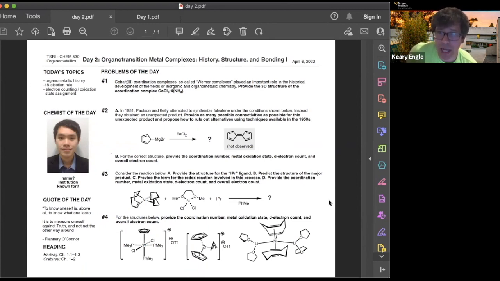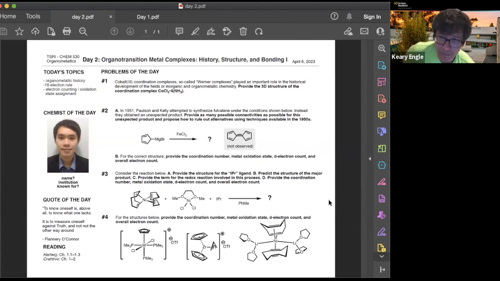This is another question that asks you to be a time traveler and go back in time to 1951, where Pauson and Kealy performed the simple yet paradigm-shifting experiment shown below, where CpMgBr, cyclopentadienyl magnesium bromide, was reacted with iron dichloride with the hopes of triggering an oxidative coupling to make the fulvalene structure highlighted in gray.